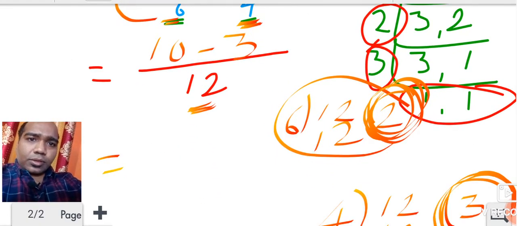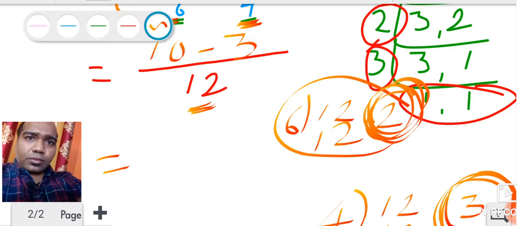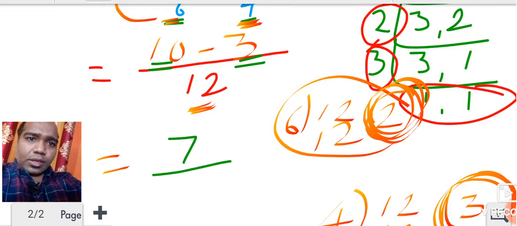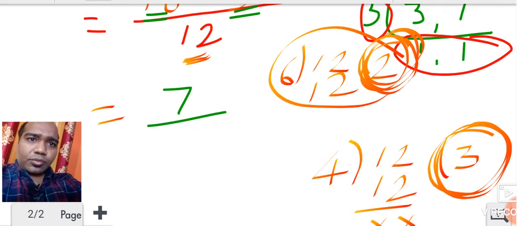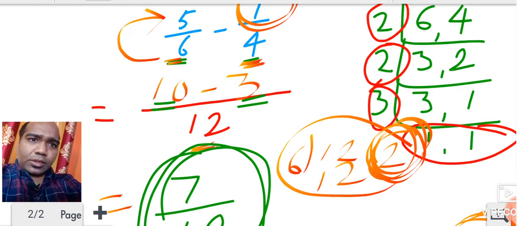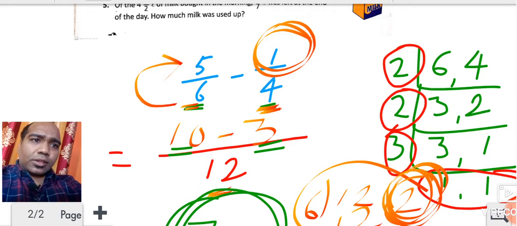Now equal to this 10 minus 3, how much will you get? 7, and in the denominator how much is there? 12. So the answer we are getting is 7 by 12. Okay, nothing extra is there.